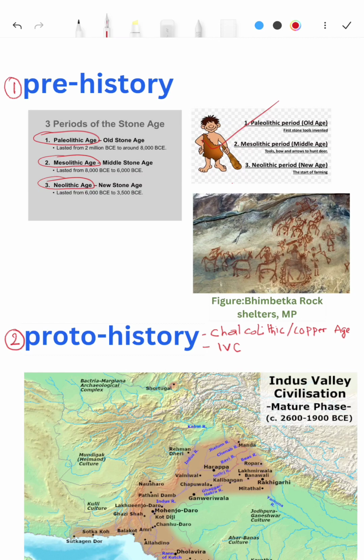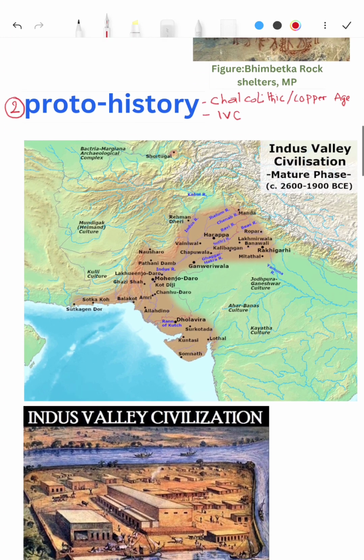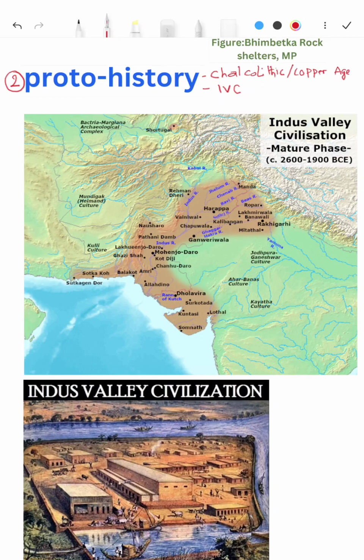And in proto-history, the period of Chalcolithic Age or the Copper Age and Indus Valley Civilization belongs to this proto-history. This is the Indus Valley Civilization site. Some of the famous IVC sites: Rakhigarhi, the biggest site of IVC, and Harappa, known for the stone dancing girl.